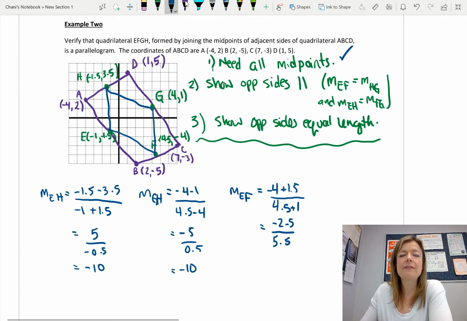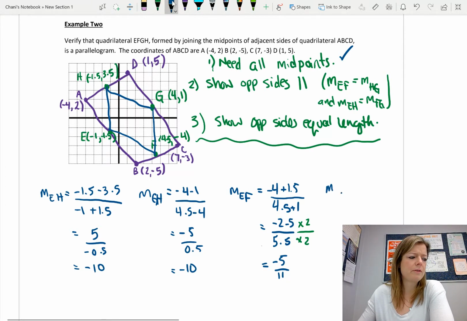Never leave a fraction as a decimal over a decimal. Put it into your calculator and you should get negative 5 over 11. If you don't get that, a way of doing this by hand is just multiplying the top and the bottom both by 2 so they no longer have decimals. If you do the same thing to the top as you do to the bottom, then it's maintained its correctness.